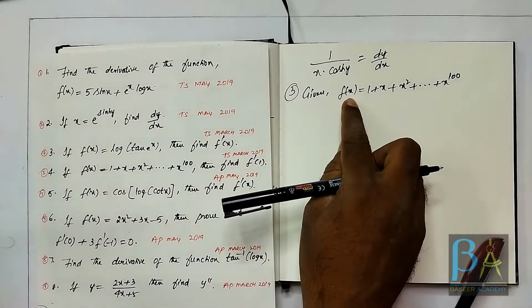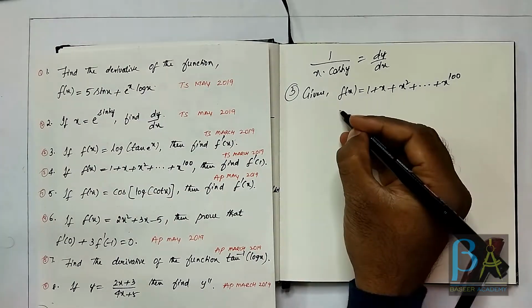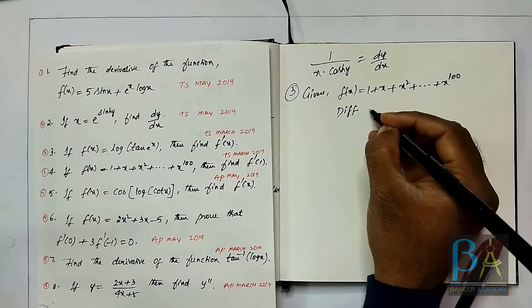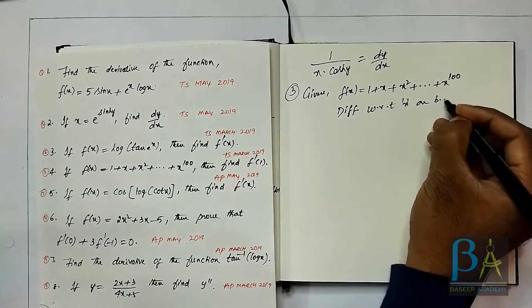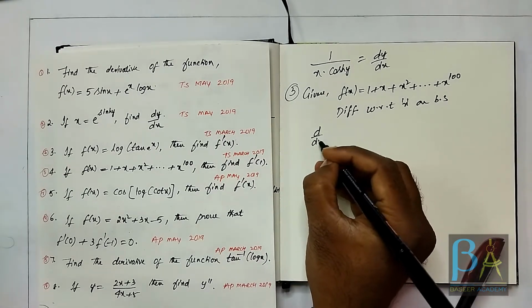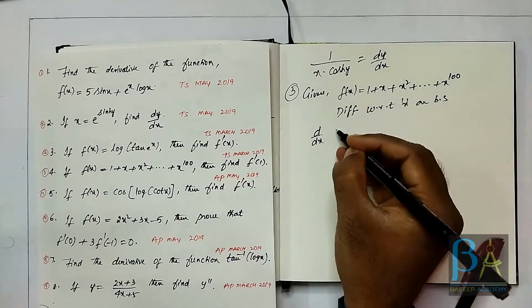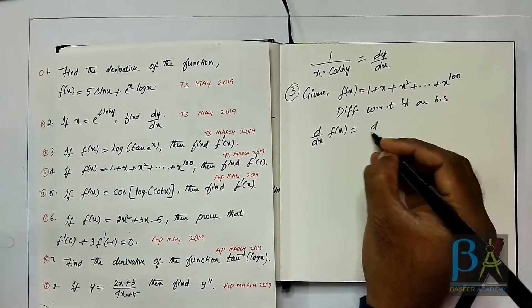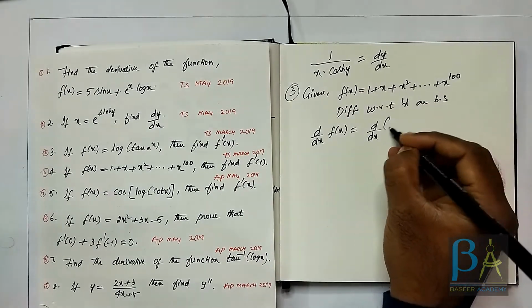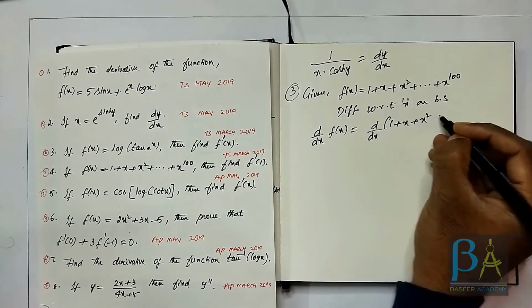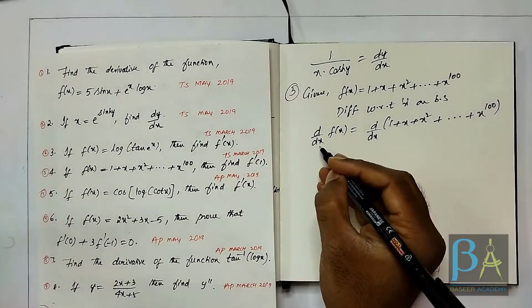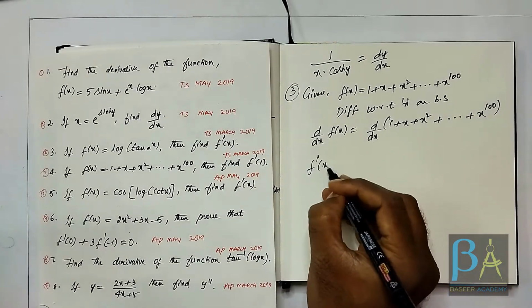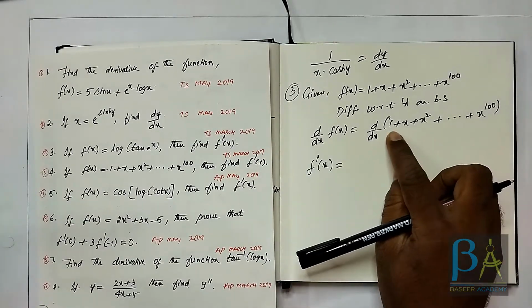Let us first find out f dash of x. How are you going to find f dash of x? By differentiating with respect to x on both sides. So you are going to differentiate with respect to x on the left hand side, and I'm going to differentiate with respect to x the right hand side as well. Now what happens when I do that? D by dx of f of x is nothing but f dash of x. And how are you going to differentiate this thing?